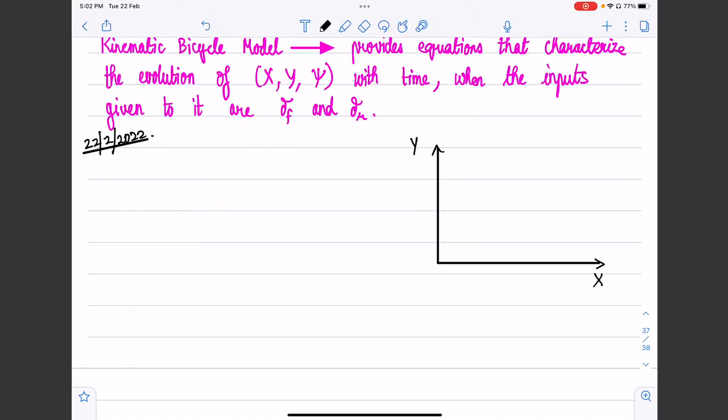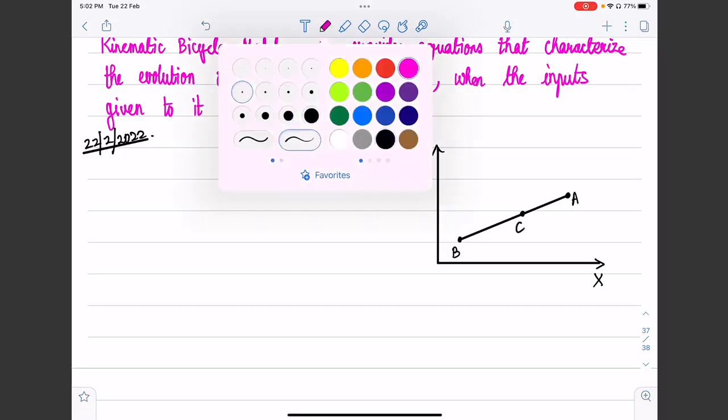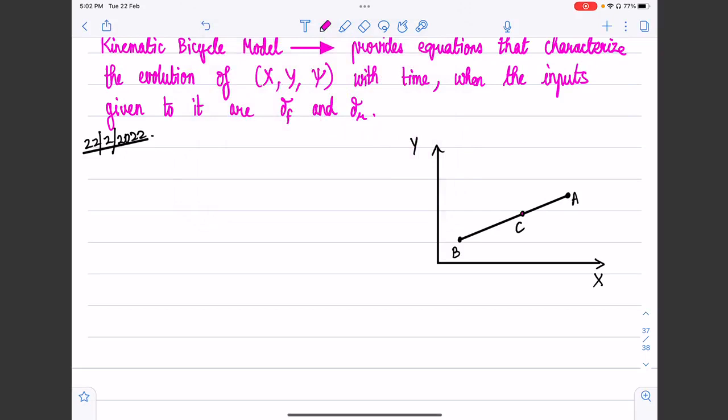If we recall, our vehicle is indicated by this line segment AB, as far as this visualization is concerned, and let's say the center of gravity of the vehicle is at point C. As we already know, let's say the velocity vector at the center of gravity is in this direction. This angle is going to be beta. Obviously, beta is going to be a function of time.